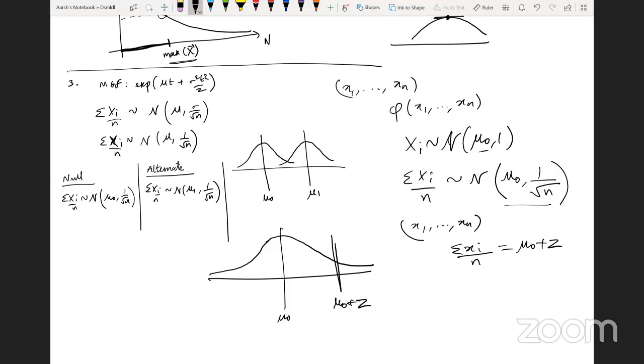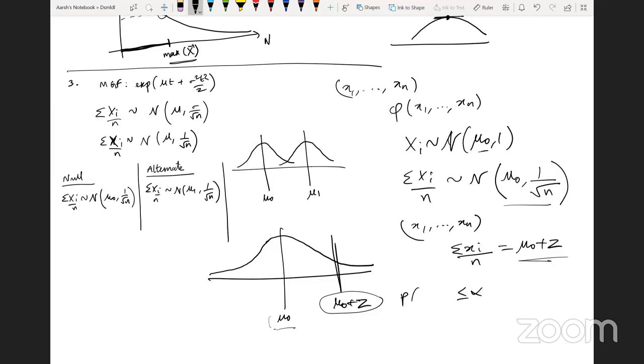Right. So what we want to do is see whether this claim that the mean is mu naught is true or not. What alpha tells us is that if the null hypothesis was true, we want to reject it only when the probability of observing this sample mean, mu naught plus z, is less than or equal to alpha.